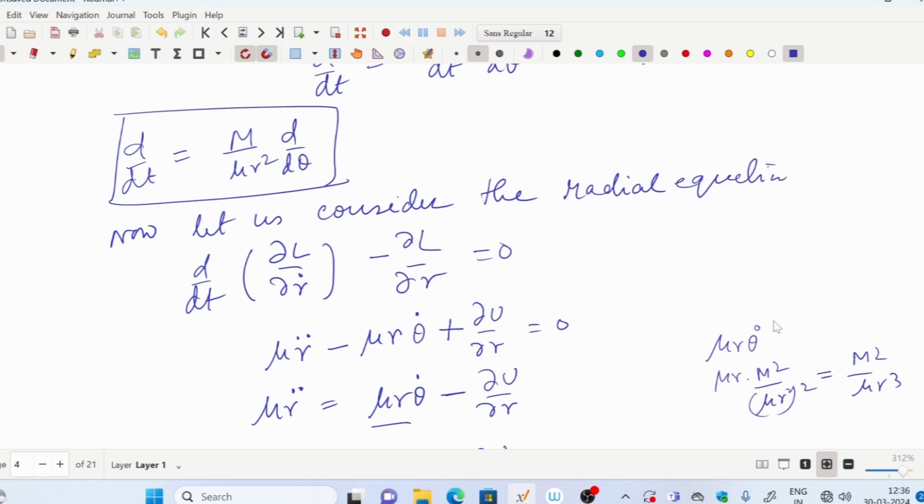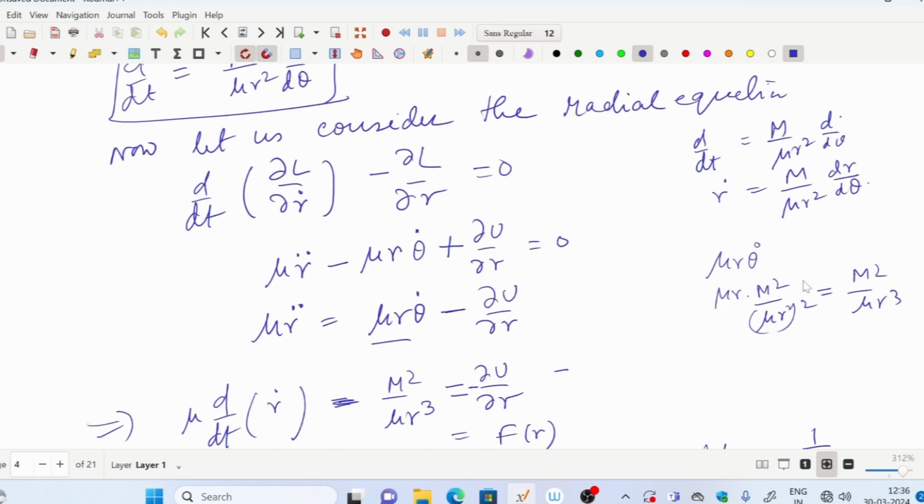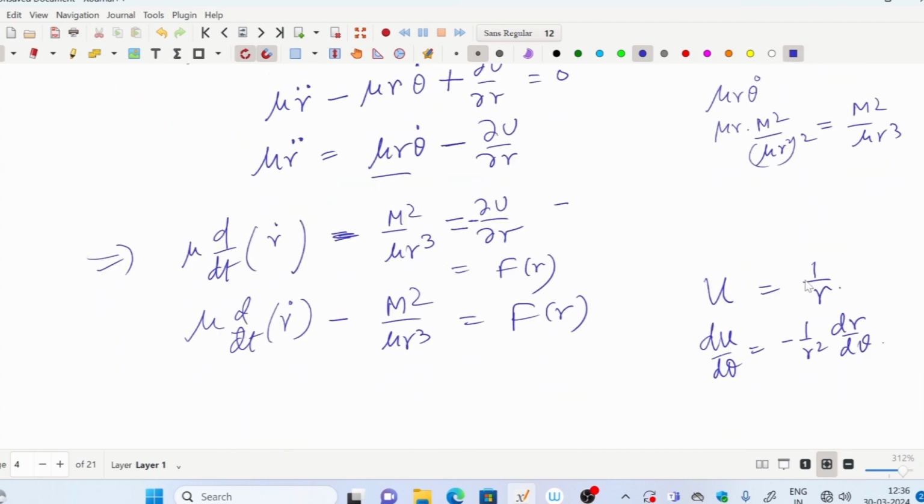If you remember, d dt equals M by mu r square d d theta, so r dot will be M by mu r square dr d theta.